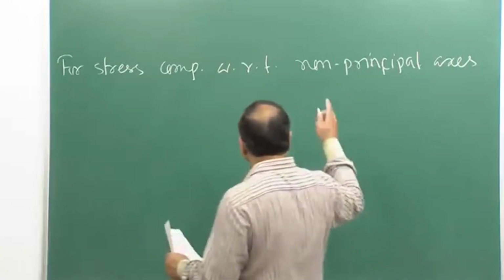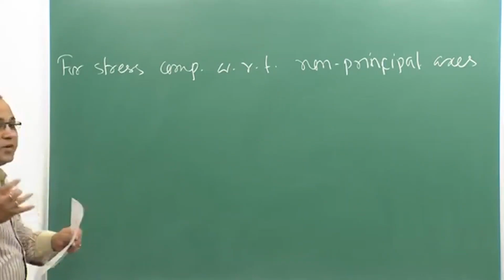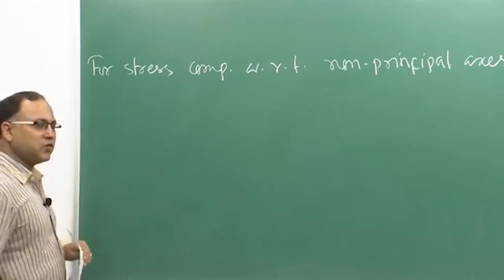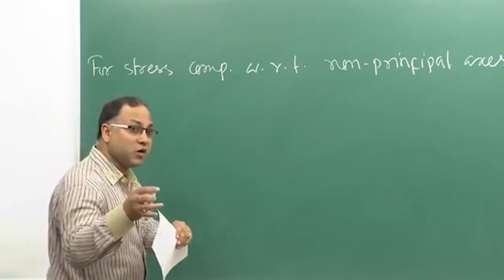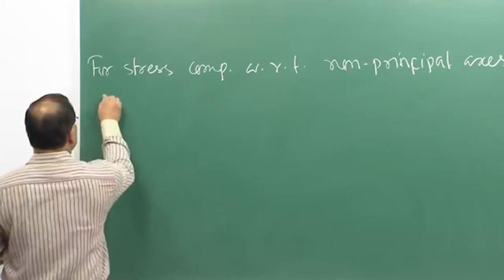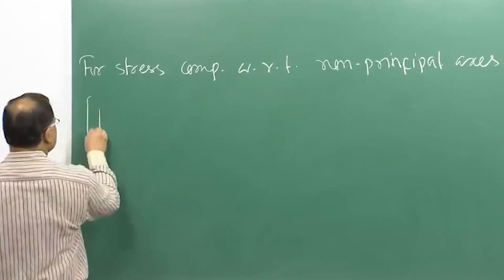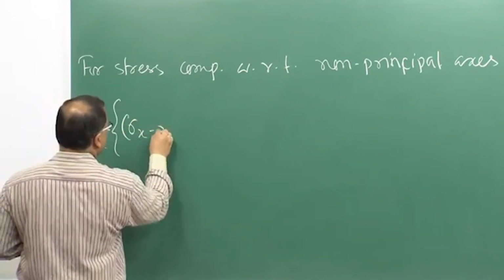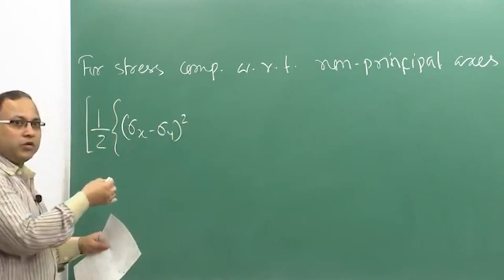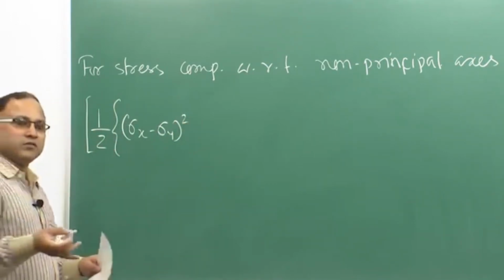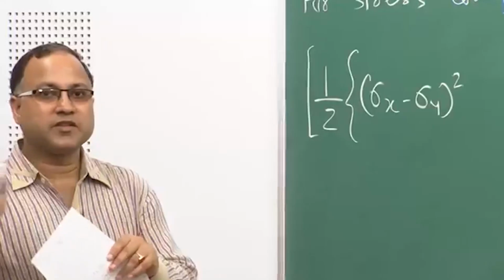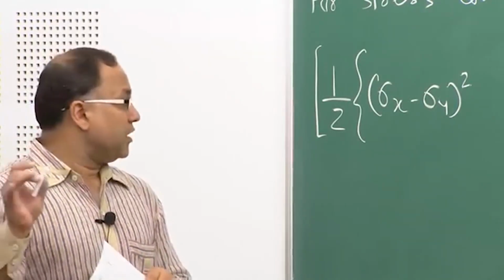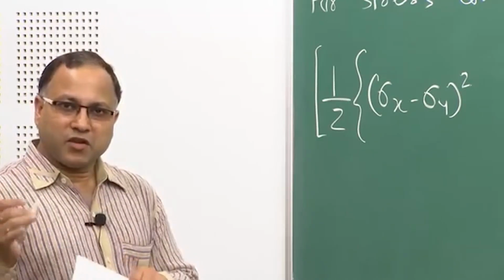So, for stress components with respect to non principal axis, that means an XYZ coordinate system which is not coinciding with the 1, 2, 3 coordinate system, the von Mises yield criteria is something like this, half into sigma x minus sigma y whole square, because now you will be getting the effect of shear stress as well, because earlier you considered only the principal stresses. So, therefore, no effect of shear stress was there, right. But in this particular case, you will have the effect of shear stress.